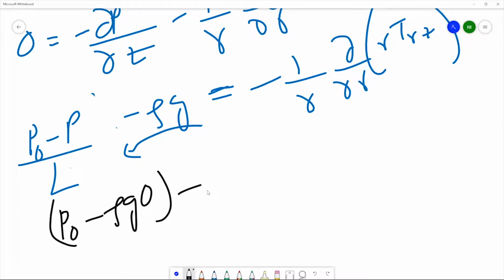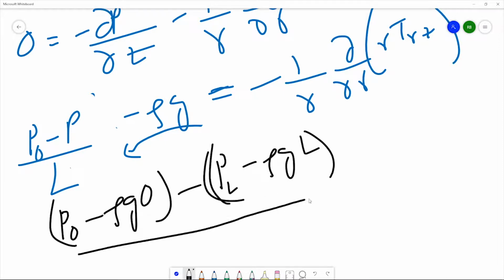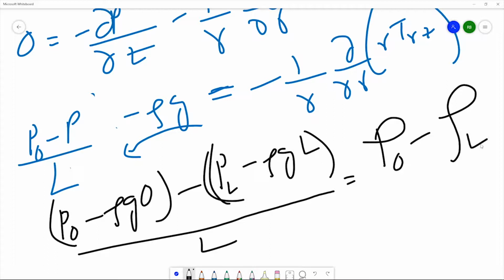And minus p at PL, at the bottom point, minus rho g L. And you can divide by L. So this is your modified pressure. This is nothing but the capital P naught minus P L by L. So you can put it here instead of this.